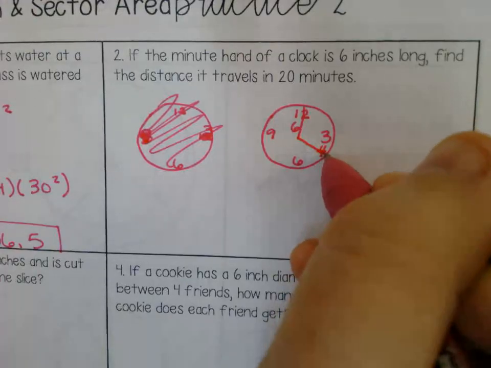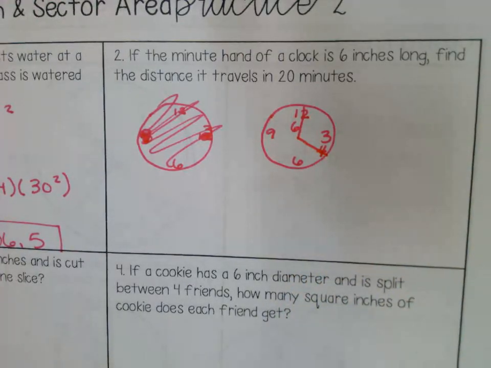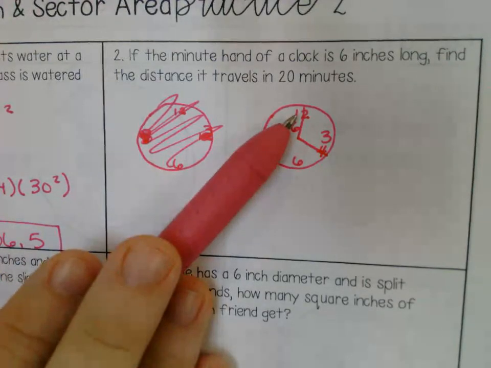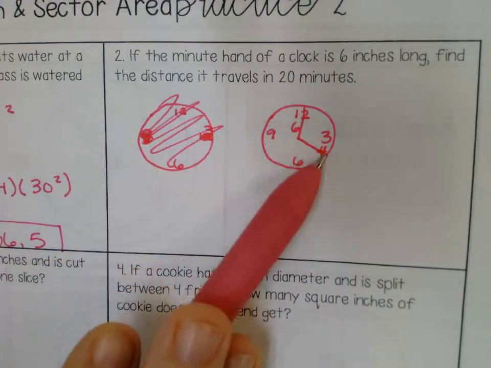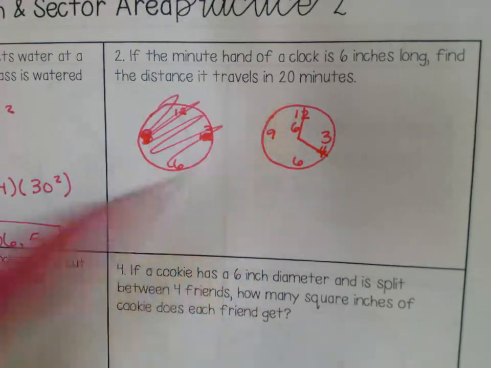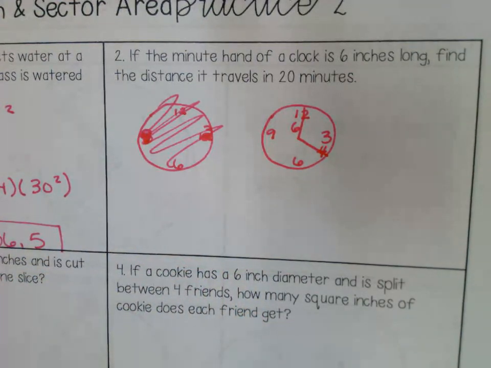So when I divide a clock up, I'm dividing it up into 12 sections, right? If I would divide up each of my 5 minutes, I would be dividing it up into 12 sections. Okay, you can do that. Or, okay, this is 20 minutes. How many minutes is it all the way around a clock? 60.